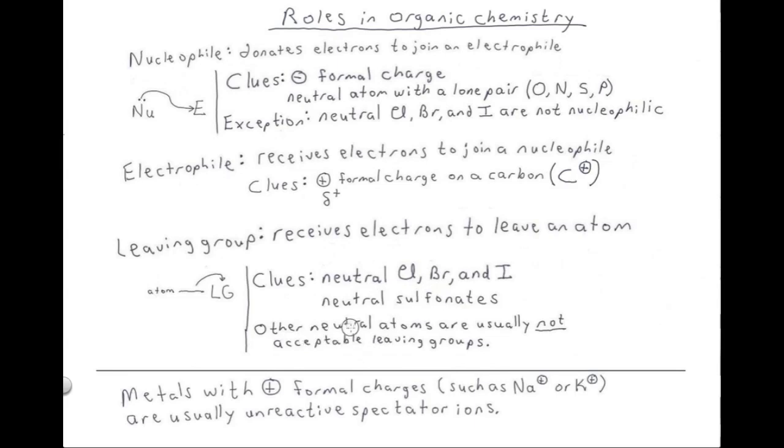You should know that neutral atoms are usually not acceptable leaving groups unless you've specifically learned otherwise. So we should specifically learn that, similar to neutral chlorine, bromine, and iodine, neutral sulfonates are acceptable leaving groups, even though most other neutral atoms are not acceptable leaving groups.